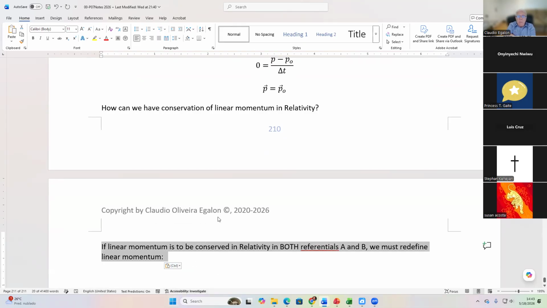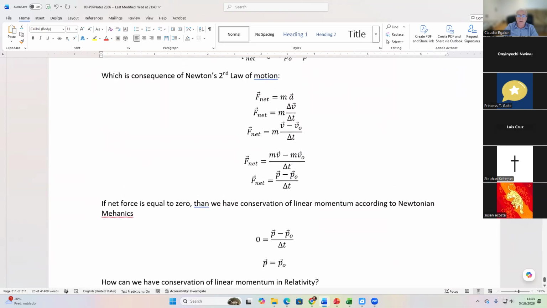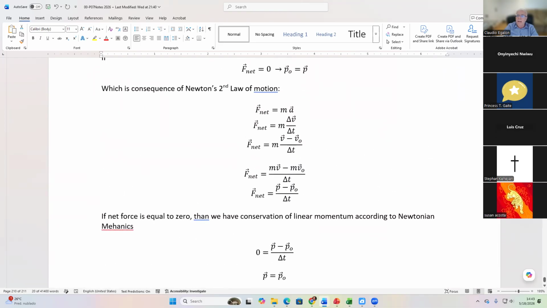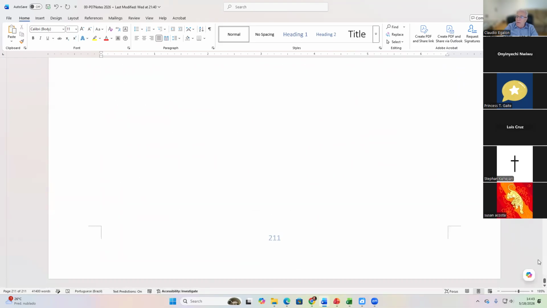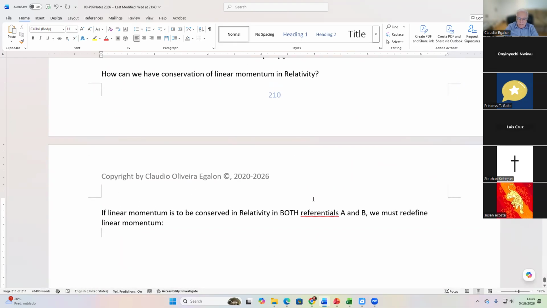We are talking about linear momentum to be conserved in both referentials A and B, and so we have to redefine it. You know that Newtonian linear momentum is given by that, and I'm going to drop the Newtonian subscript.